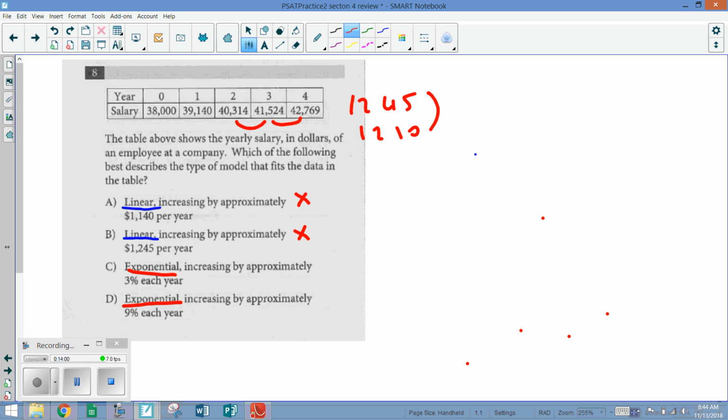Okay, now how are we going to determine a 3% or 9% increase each year? Let's say $38,000, and 3% of 38,000.